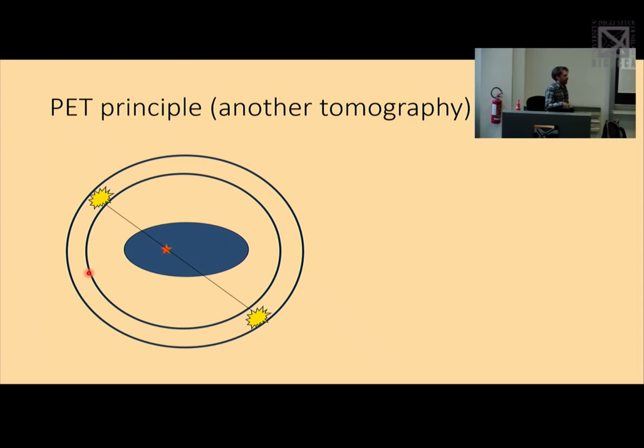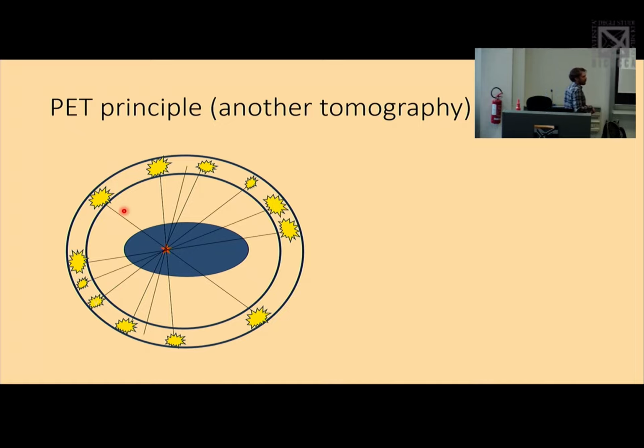You have a radioactive source inside the body, which decays, emits positrons, which then emit photons, which are back-to-back. And you have a circle of detectors all around the body.